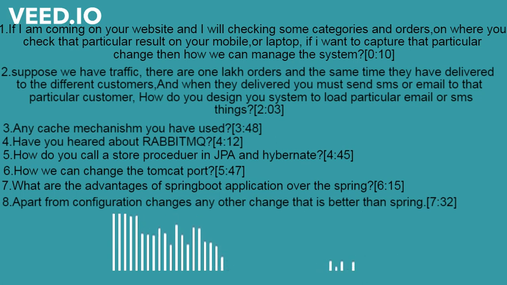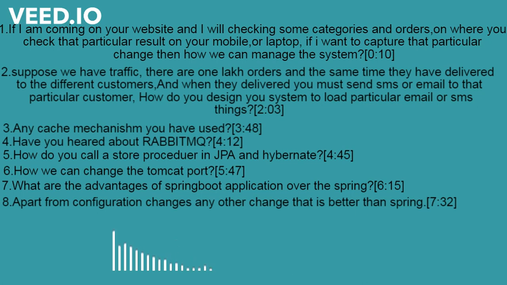We just need to focus on our requirements, and other configuration will be handled by Spring Boot itself. It also provides embedded Tomcat. We just need to right click on the application Java file and run it as a Java application, and it will automatically run the embedded Tomcat server. So it makes life easier.